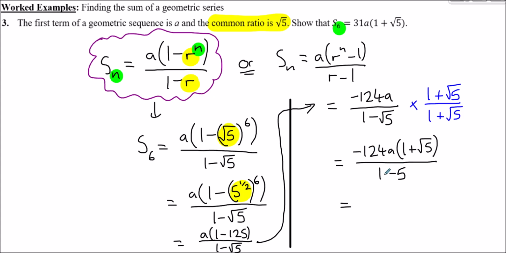Minus divided by minus gives us a plus. And in fact, at this stage, we can pretty much just go straight to this. So we're going to be left with 31, minus 124 divided by this gives us 31. Then a, in brackets, 1 plus root 5, which is exactly what we wanted to prove here.